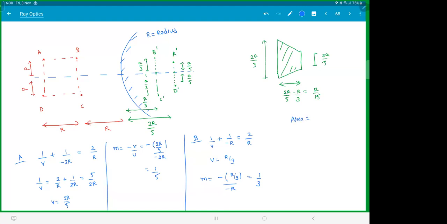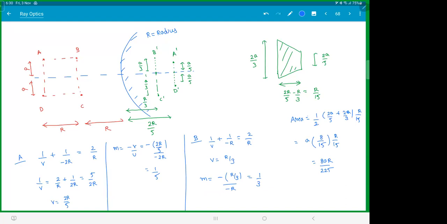For a trapezium, what is the area? Half into sum of the parallel sides. 2A by 5 plus 2A by 3 into height R by 15. 2 will cancel. A will be 5 plus 3, 8 by 15 into R by 15. 8AR by 225. Check. Someone got this actually.